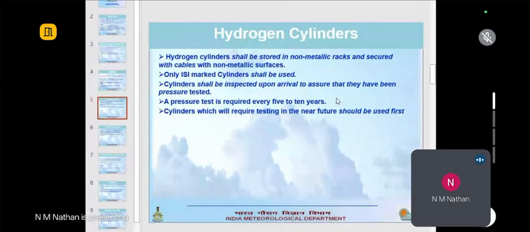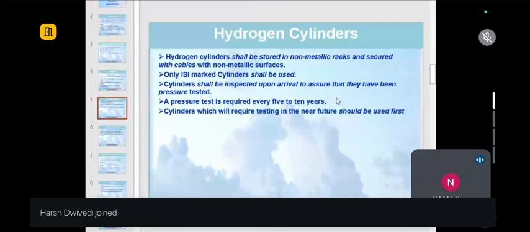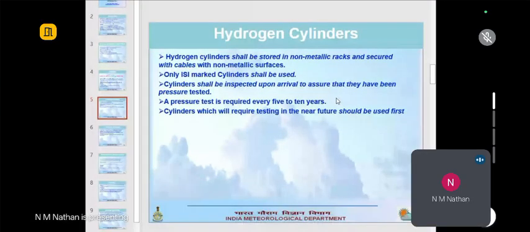Without pressure testing, you should not use those cylinders. We also have to take care that cylinders which will require testing in the near future should be used first. You should not keep the hydrogen gas for a longer time. If you feel that you want to test that cylinder, then it has to be emptied first.